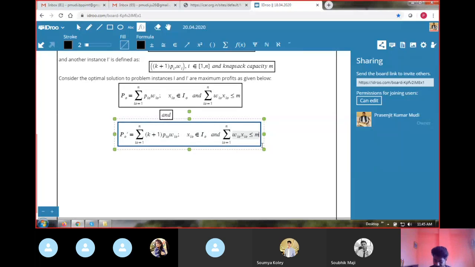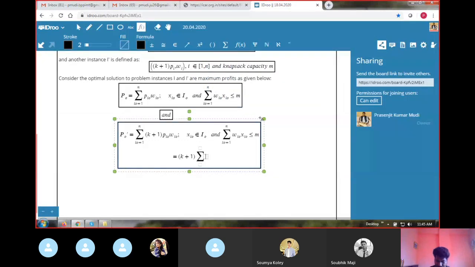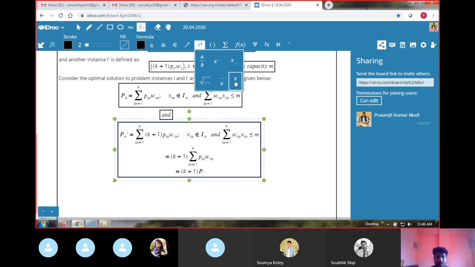So in the next line, what we can show is that P0 dash equals k plus 1 times the summation over Pi.